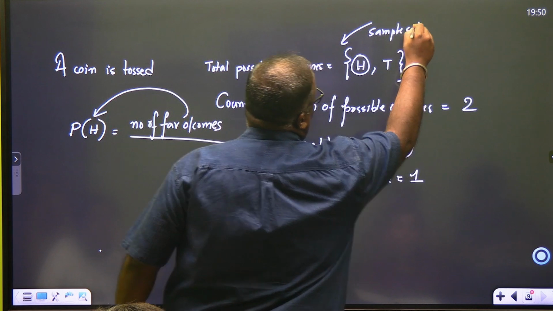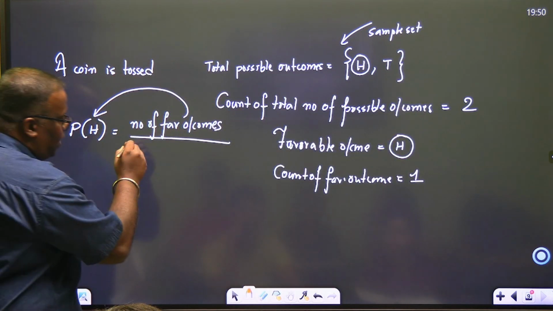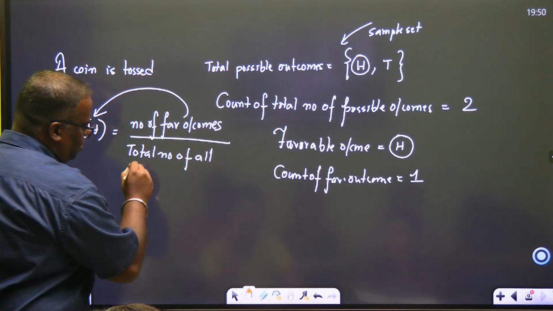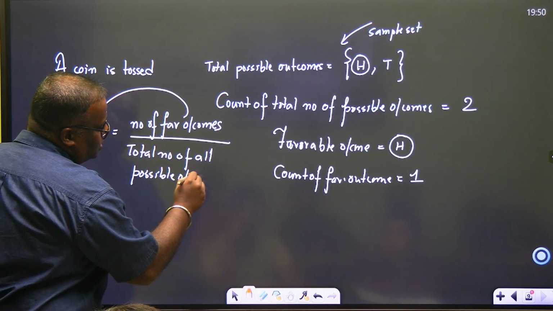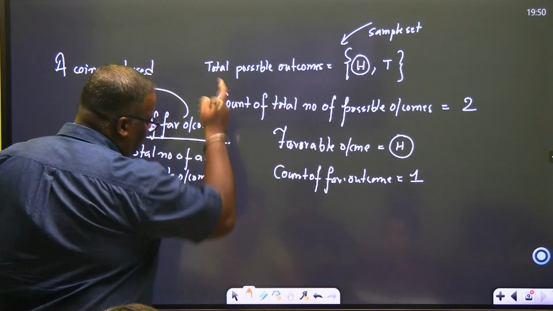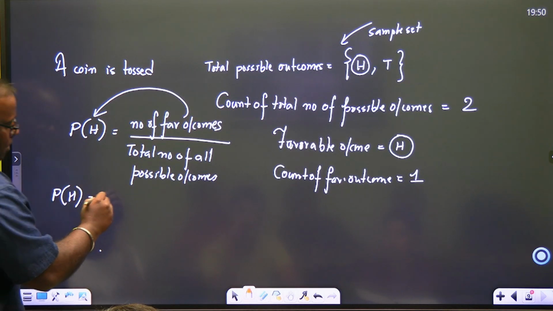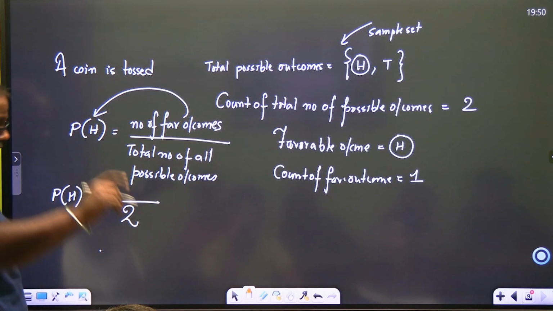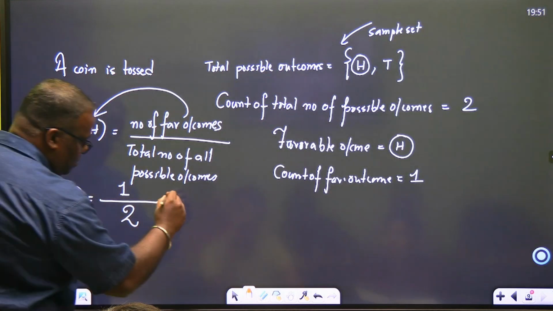So total number of favorable outcomes divided by total number of all possible outcomes. So let's put this formula now and try to find out what is the probability of getting a head. भाई साहब 2 possible option में एक ही head आ सकता है. So the probability is half, which in percentage means 50%.